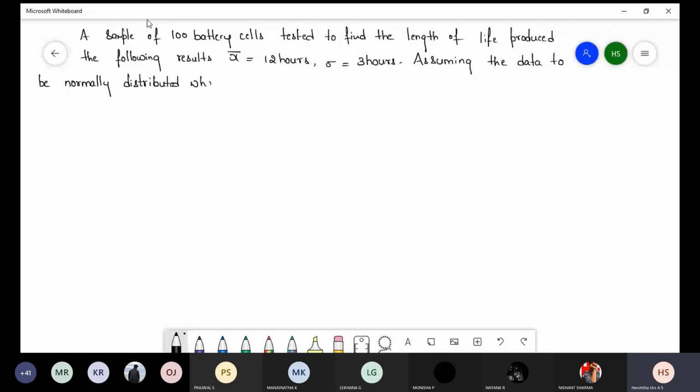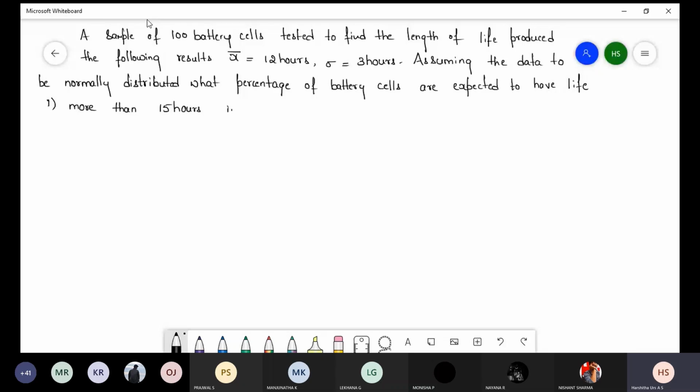what percentage of battery cells are expected to have life: first one, more than 15 hours; second one, less than 6 hours; third one, between 10 to 14 hours.